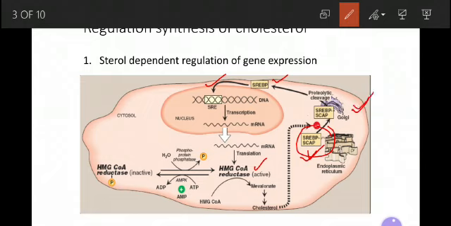It will remain here, and the bound form of SREBP, SCAP and INSIG will not go to the DNA, it will not bind to the SRE, and there will be no transcription and no translation. So this is the sterol dependent regulation of gene expression, in which there is the main role of the protein SREBP.